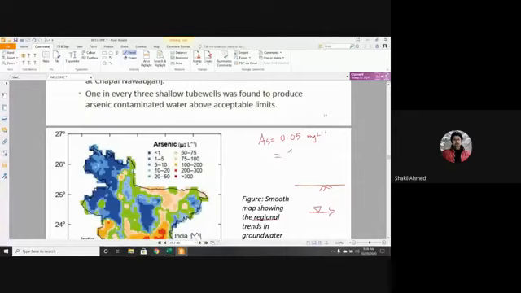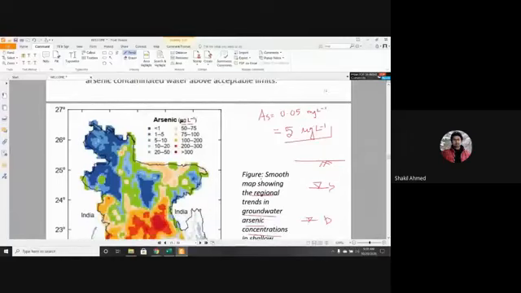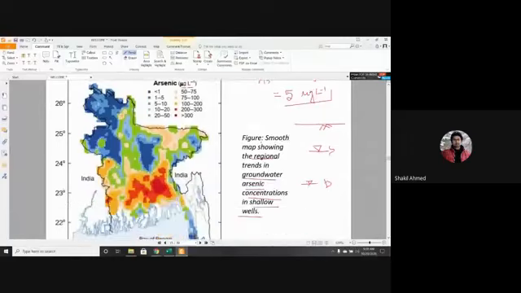If you change it to microgram per liter, you have to multiply it by 1000. Milli is 10 to the minus 3, so micro is 10 to the minus 6. So it is 50 microgram per liter.